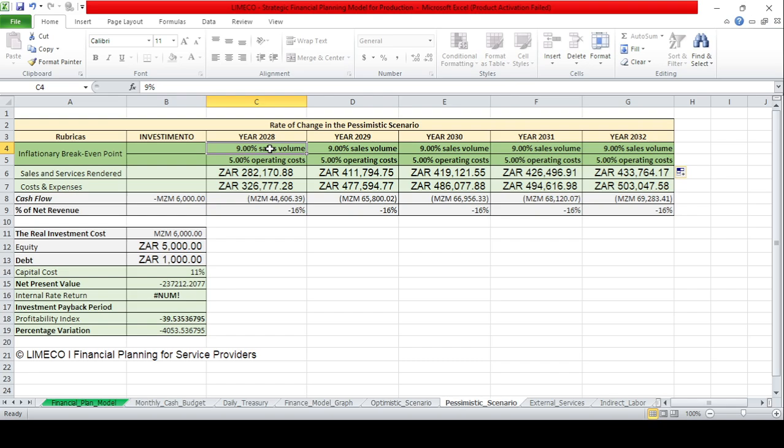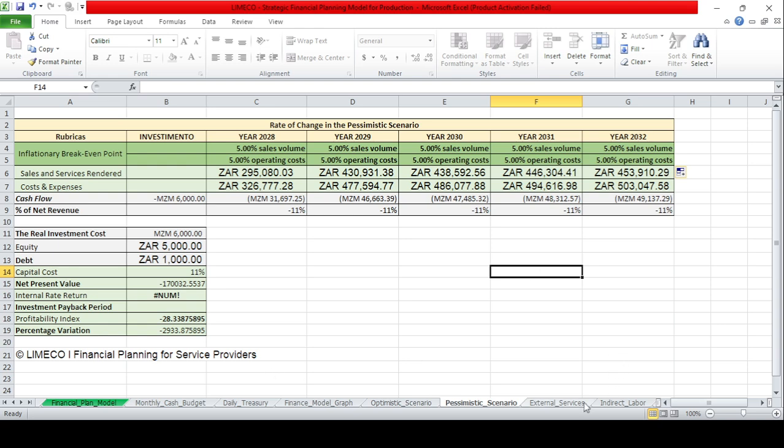Let's try to decrease pessimistic revenue by 5%. Yes, we can try to find a way to the break even where there is no loss.